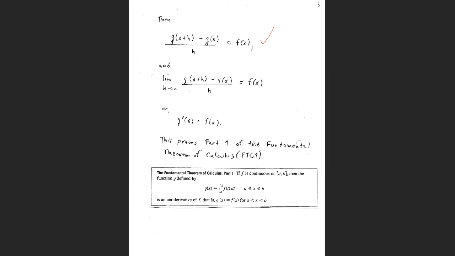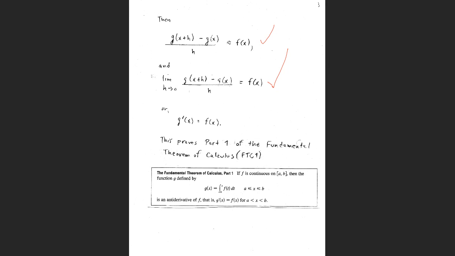We know that if we let h get smaller and smaller, the area of that rectangle is going to approximate the area underneath the function better and better. So the limit of g of x plus h minus g of x over h would eventually equal f of x, because as h gets very small, f of x times h is going to be almost equal to g of x plus h minus g of x.